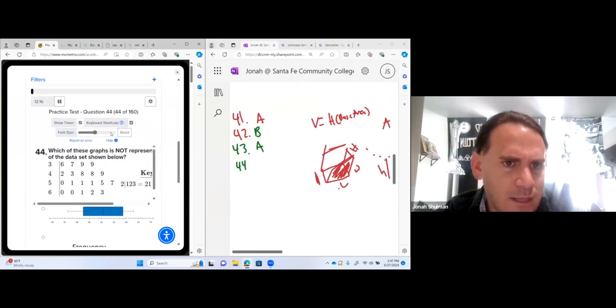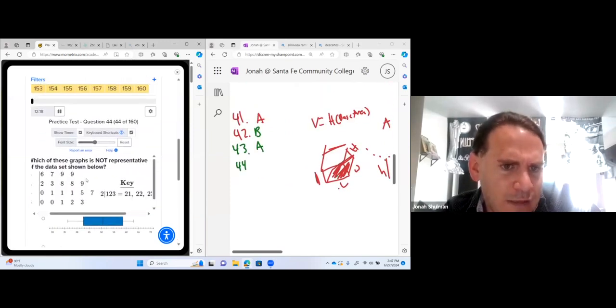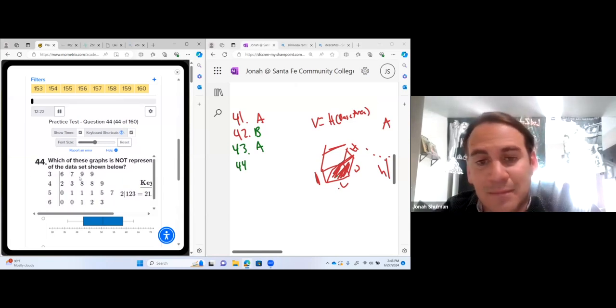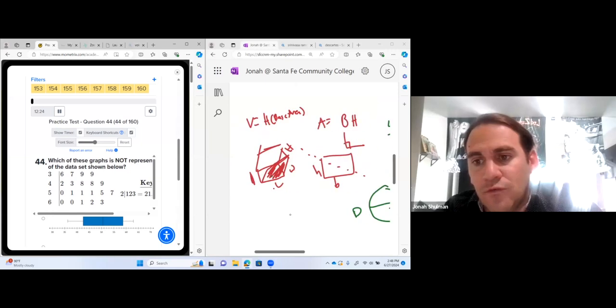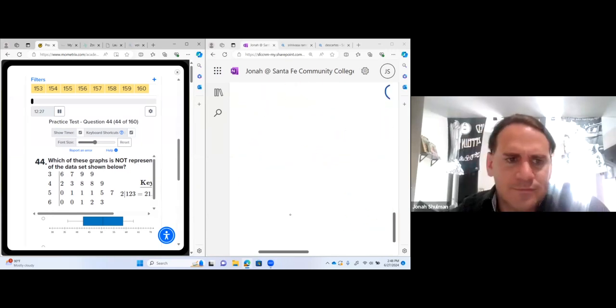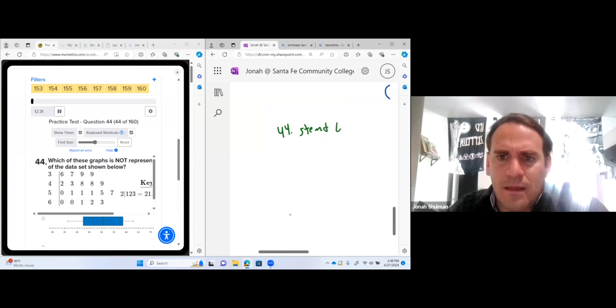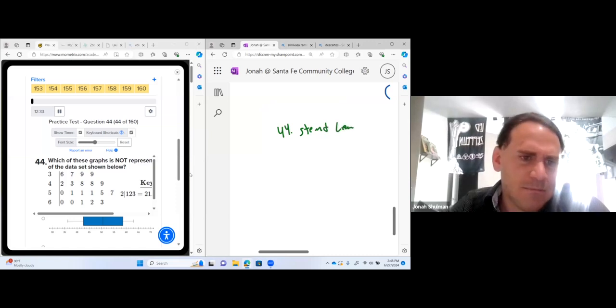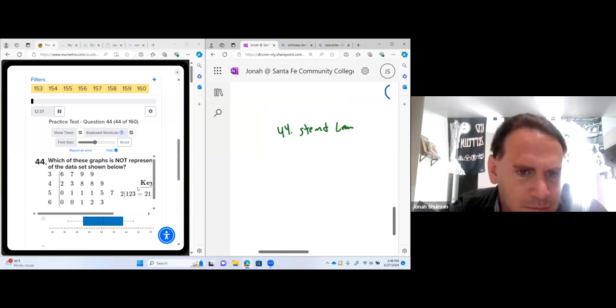All right, so here we made it to number 44. Which graphs do not represent the data below? Okay, so this is called a stem and leaf plot for 44. All it means is that this is the big number, this is the tens place, this is the ones place, right?